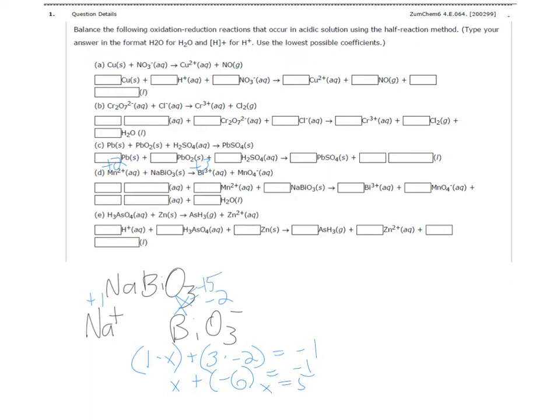The other species that we should tackle, a little bit tricky, is the permanganate ion, MnO4 with a 1- charge. That's one of your polyatomic ions.